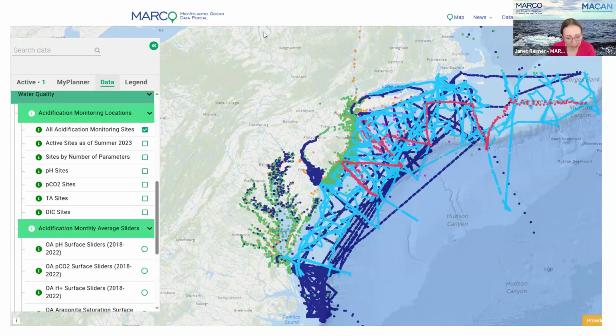In addition, I just want to add, the portal does not house the data itself. So we provide these synthesis maps, but there are links to where you can retrieve any and all of the carbonate chemistry data.